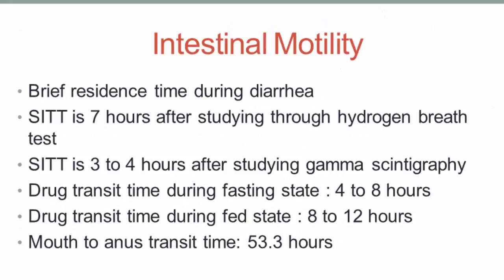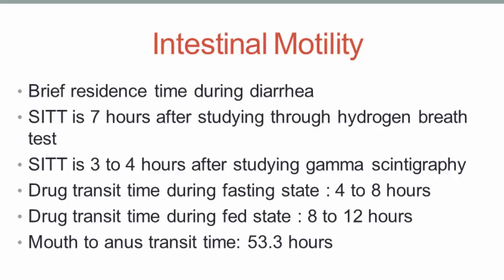And then the intestinal motility. After gastric emptying, the contents pass from the stomach into the duodenum in the small intestine, and the drug which you take, when it goes into the small intestine, should be completely absorbed into the systemic circulation, into the whole body, before it reaches the feces.